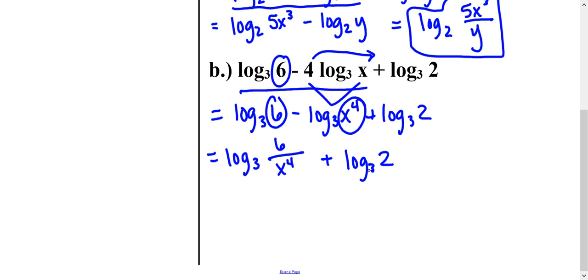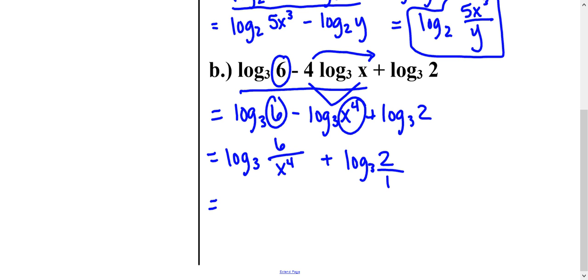And then the addition means that we are going to be multiplying these numbers. Now remember, this one is a fraction and this one is not. So how would we turn this one into a fraction? So 2, how would I turn that into a fraction? Well, that is the same as 2 over 1. And when I multiply fractions, what is the procedure for multiplying fractions?